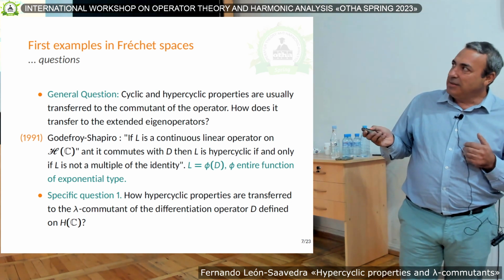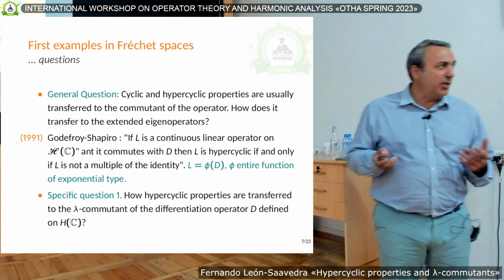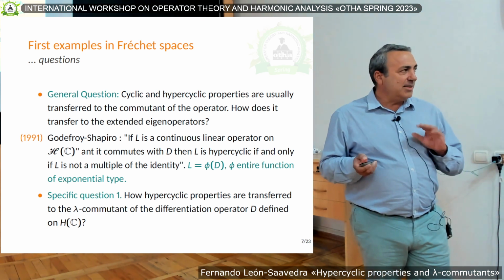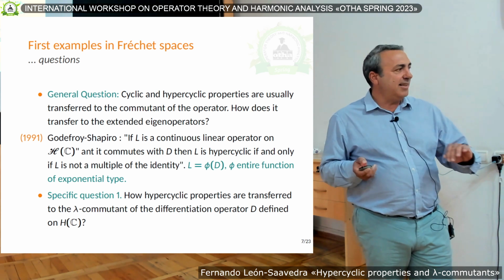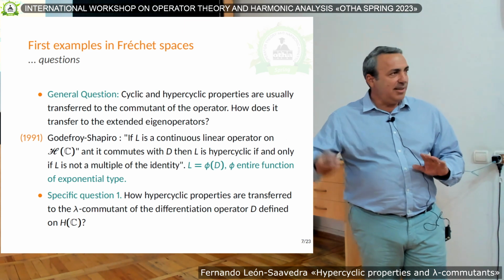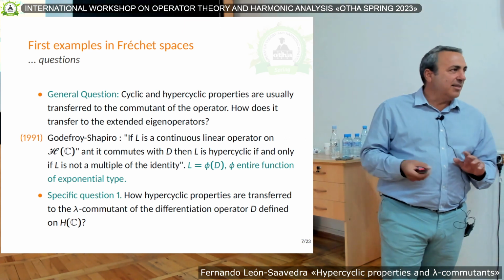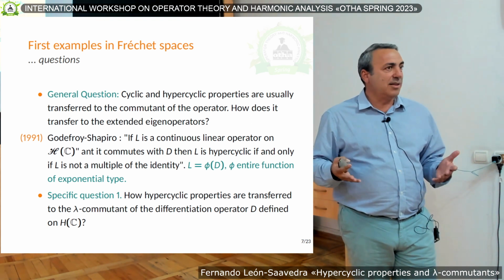If L is an operator in the commutant of the differentiation operator, automatically, if it is not a multiple of the identity, it's hypercyclic. In particular, D is hypercyclic, and the translation, which also commutes with the differentiation operator, is hypercyclic too.